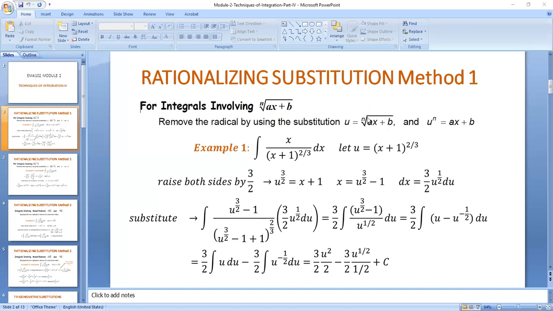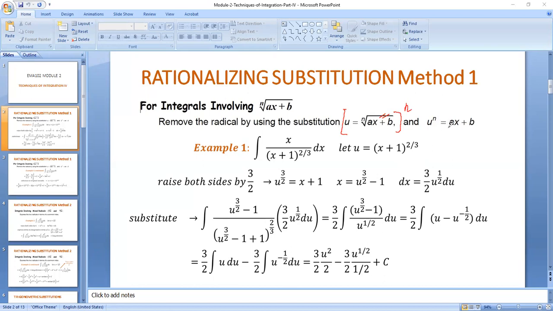And for us to get rid of the nth root from your algebra, you need to raise the entire expression to n. Because if you raise this to n, this is already 1 over n. That gets rid of this particular radical expression. So in the process, your u here on the left side becomes u raised to n.